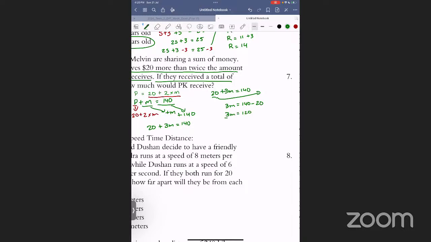Now we have to move 3 to the other side. So M is equal to 120 divided by 3. M is equal to 40. And we know that PK gets 20 plus 2 times M. PK gets 20 plus 2 times 40, which is $100.